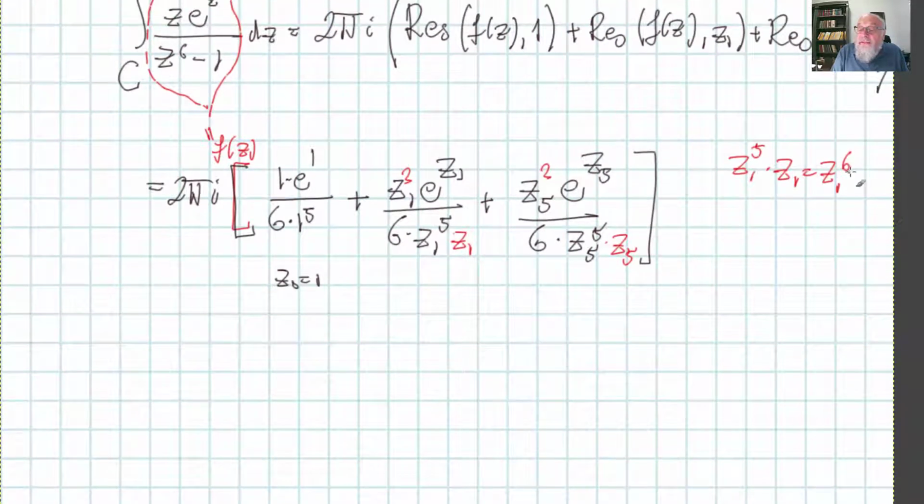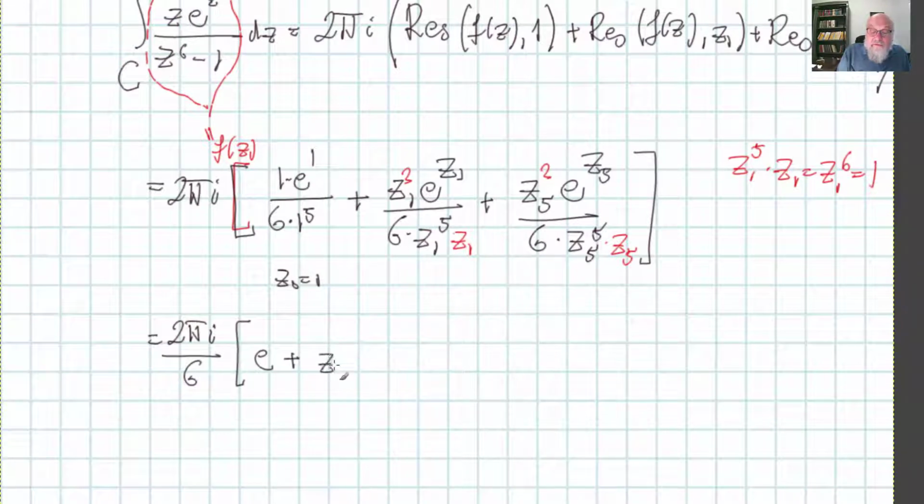So this is going to be 1. And similarly for the other, so you can simplify the formula. This is 2 pi i divided by 6, and here we have e, plus Z1 square e^Z1, plus Z5 square e^Z5.